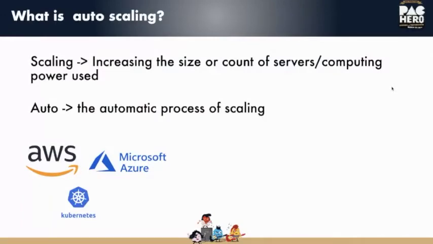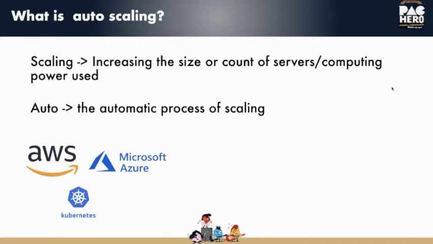It's based on two words: auto and scaling. Let's start with auto. For me, that's the automatic process of scaling. That can be either by set rules in an application or on the infrastructure, let's say AWS or Microsoft Azure.